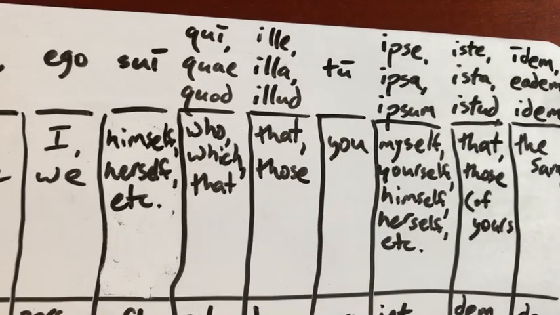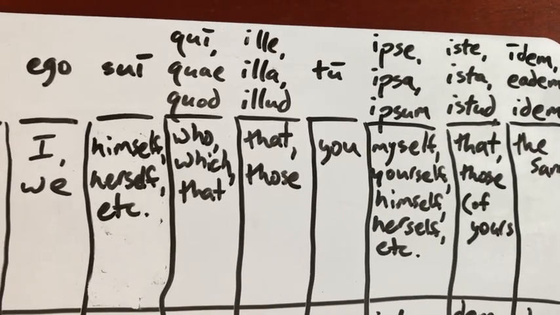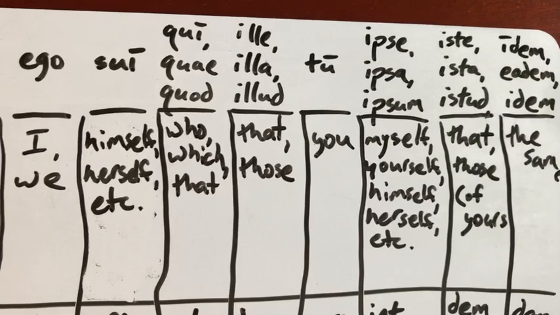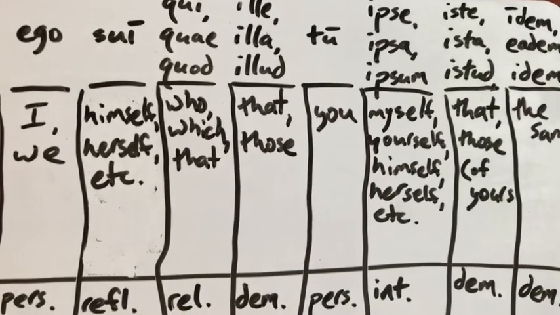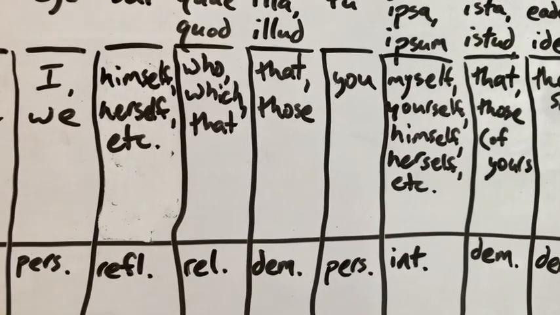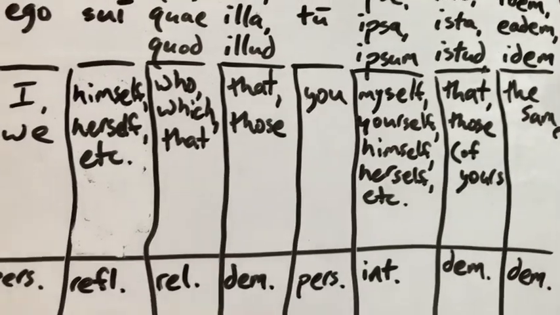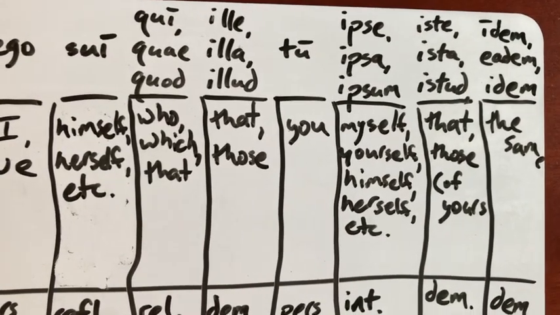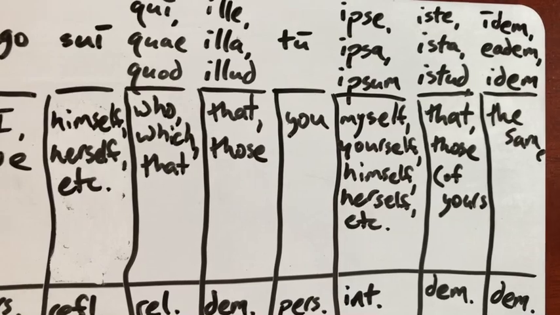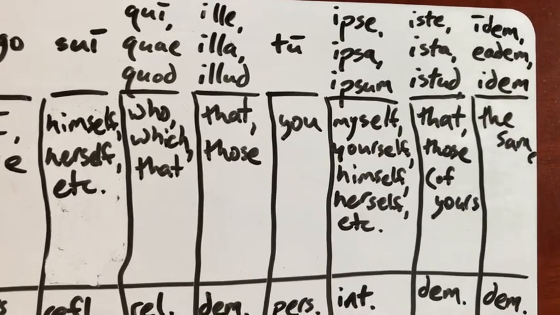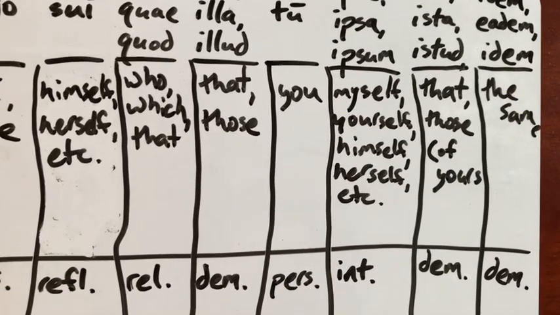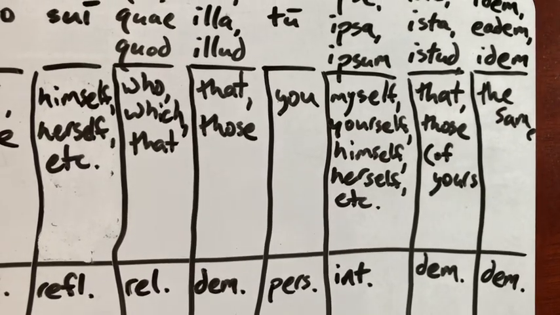All right, then we've got ille, illa, illud, meaning that in the singular, those in the plural. And this would be another demonstrative pronoun. All right, tu means you. And the plural is vos, which also means you. This is a second person personal pronoun.